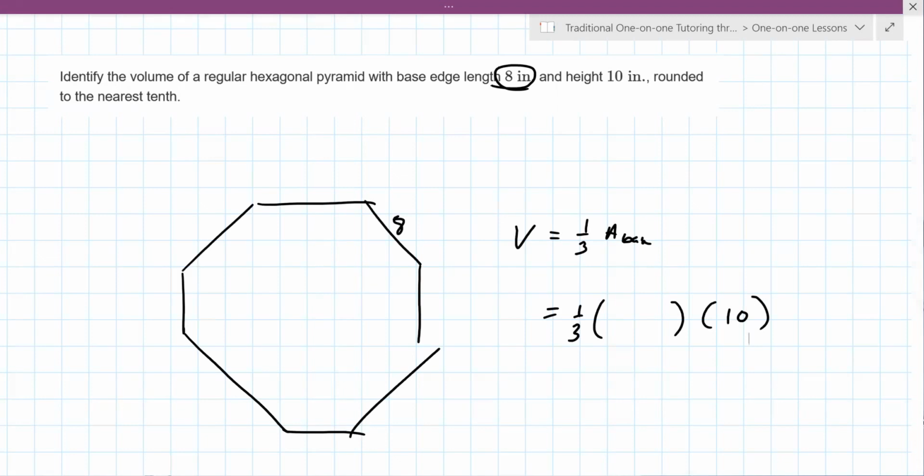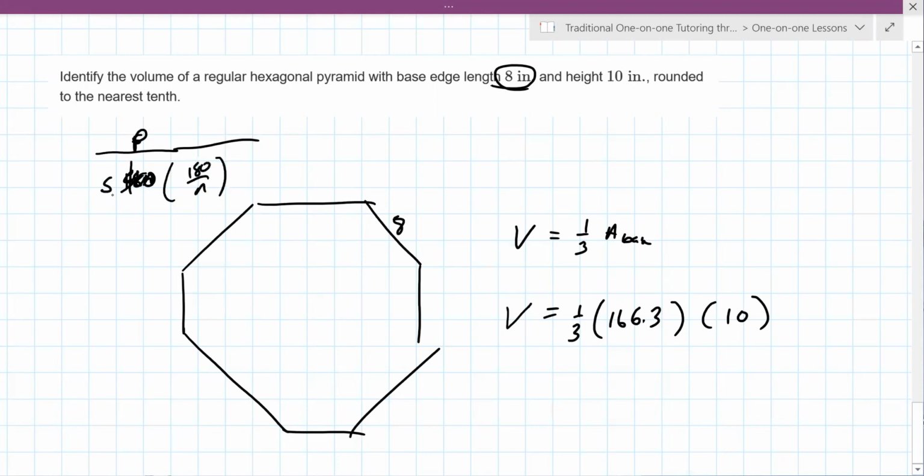In a previous chapter, we spent a lot of time finding the area of a regular polygon. So for the area, I get 166.3. Okay. So then for the volume, you have to do 1/3 of that times the height, which is 10. But do you remember that formula we did? It was like tangent of 180 over n.